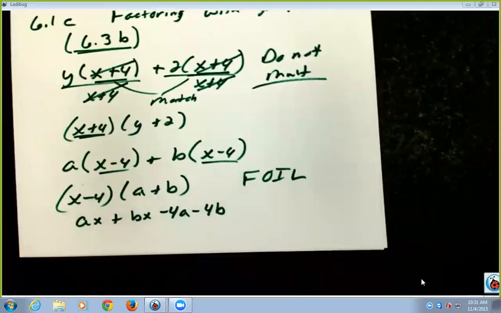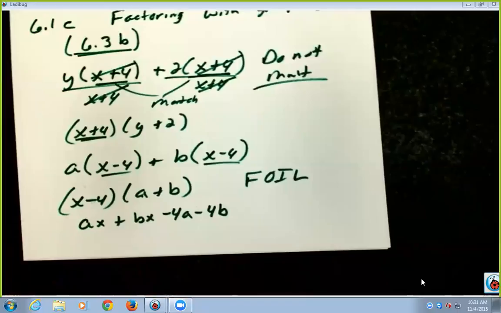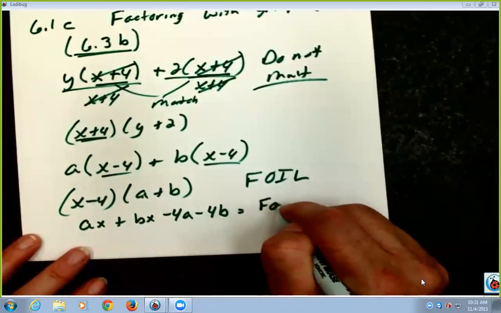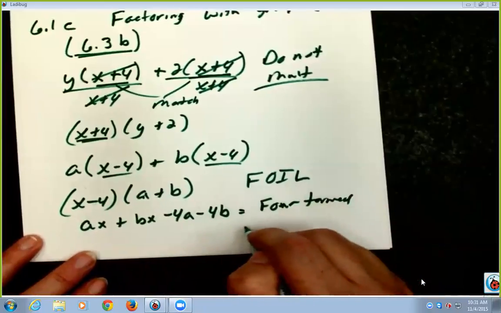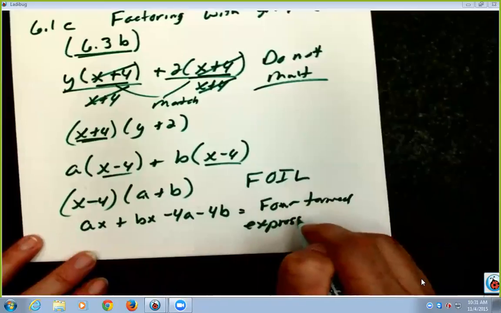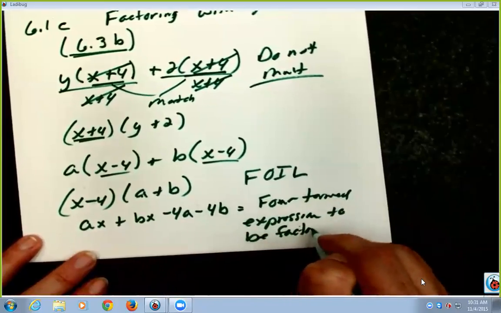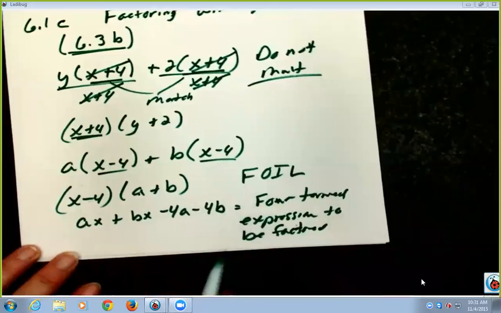Can I put anything together? What do you think? Anything get combined? No, they're all different. So if you see a 4-termed expression to be factored, it's got 4 terms. Nothing can be combined, nothing is separate. If you see that, then we have to do another method to factor it.